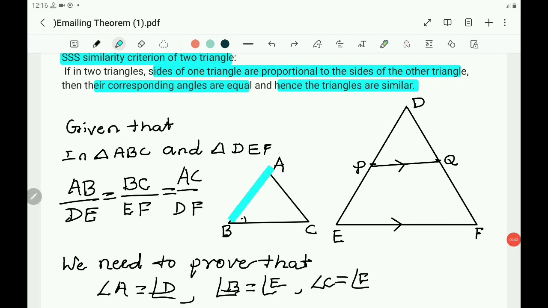Now you can prove that triangle ABC is congruent to triangle DPQ. Now you write the names of the two triangles and prove that the two triangles are congruent.